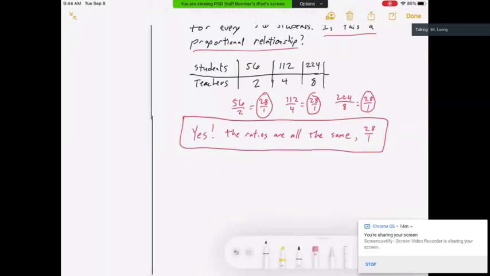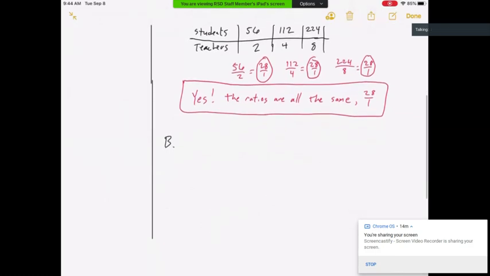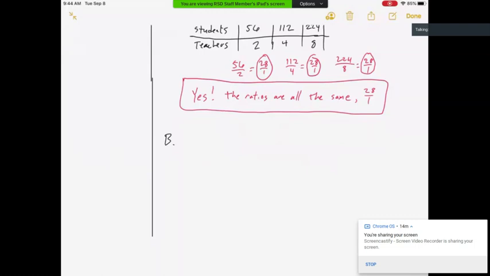All right, so let's see, letter B. Let's say you're going to go to a school show, school play, and a show costs $7 per ticket, plus a $3 one-time fee.